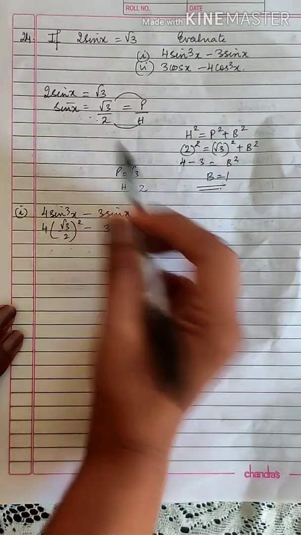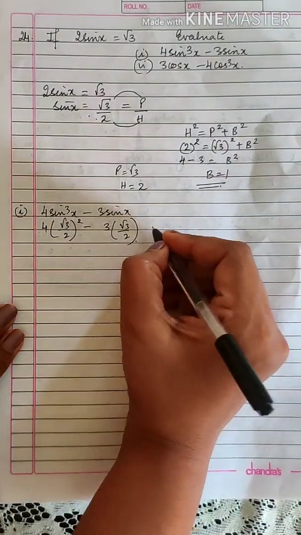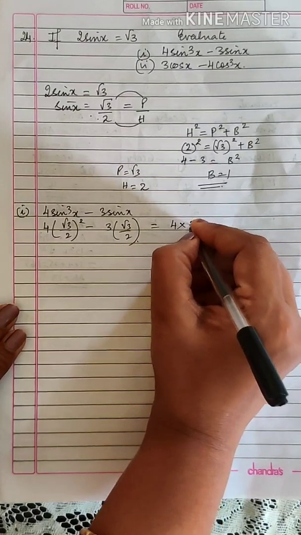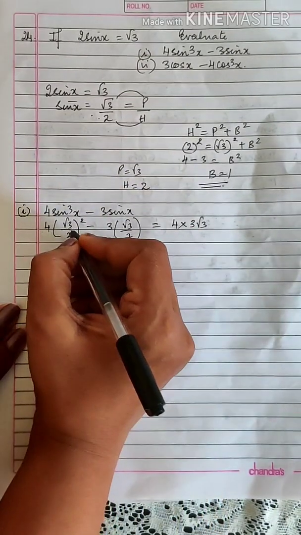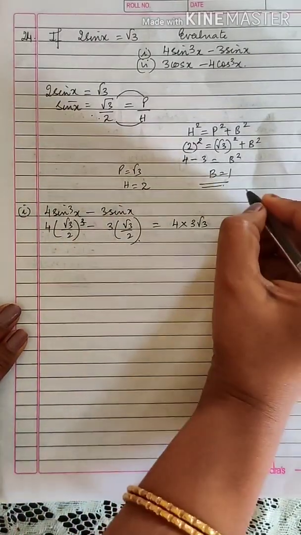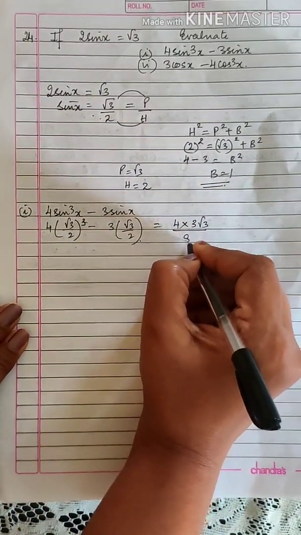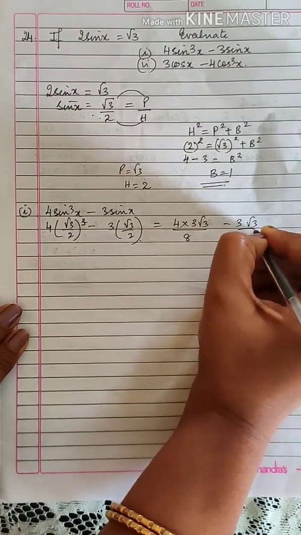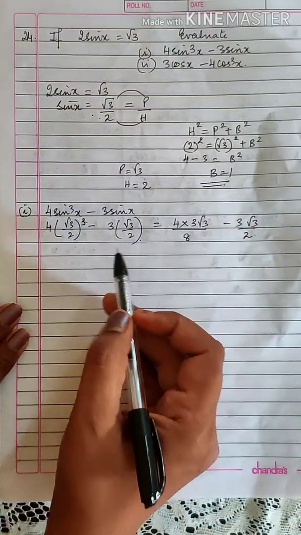So you get 4 into root 3 cube, which is 3 root 3, upon 8, since 2 cube is 8, minus 3 root 3 upon 2.